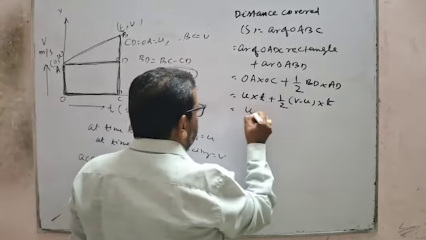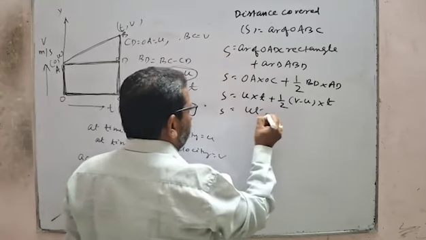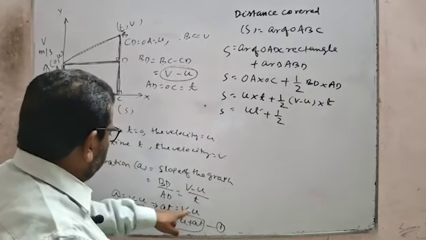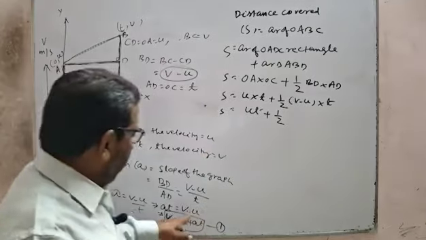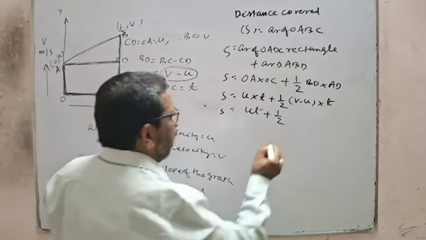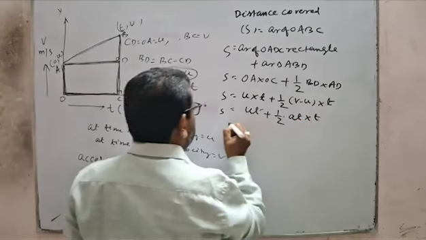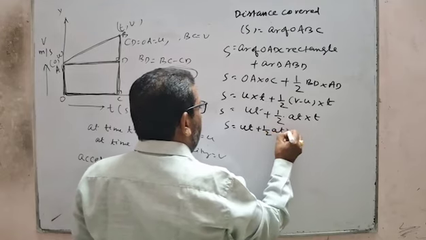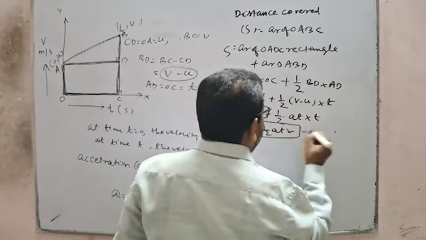Now u into t is ut, so s is equal to ut plus half of v minus u into t. From the first equation of motion, v minus u equal to at. Putting that in, s equal to ut plus half at square, which is the second equation of motion.